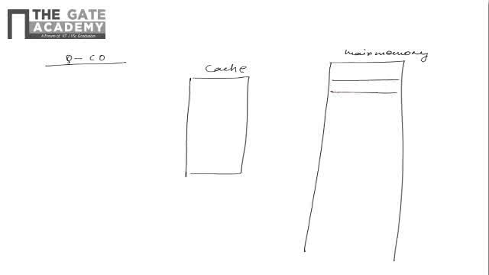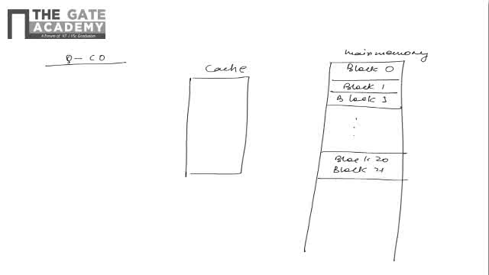Let's say this is block 0, block 1, block 2 and so on, block 20, 21, until block 30, finally block 31. So there are 32 blocks because it is from 0 to 31.